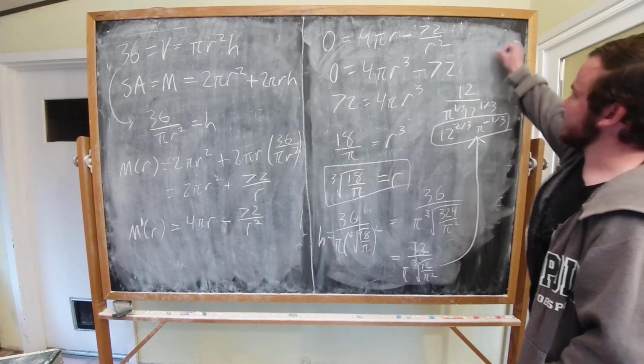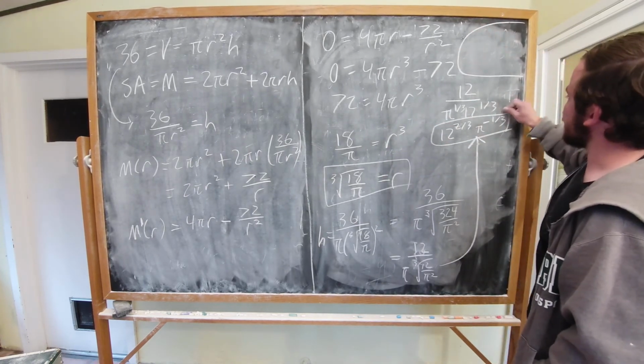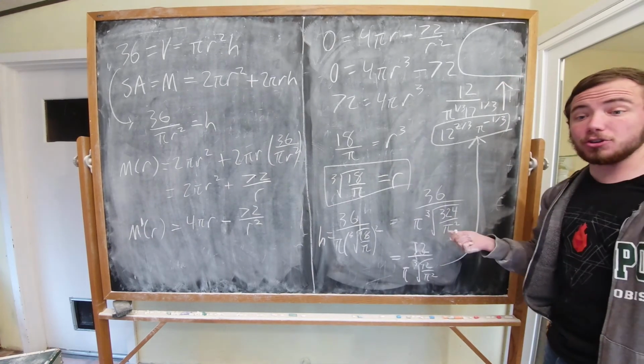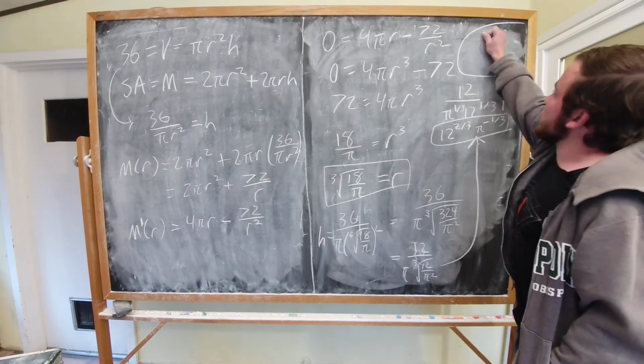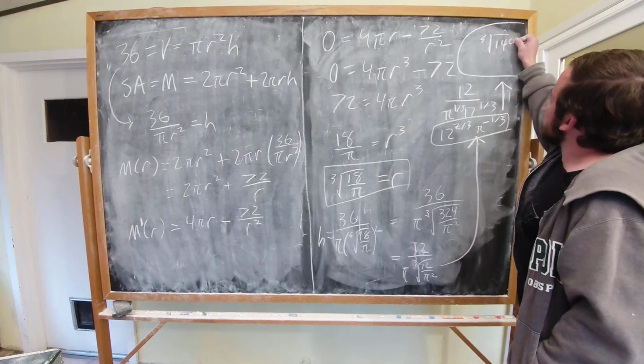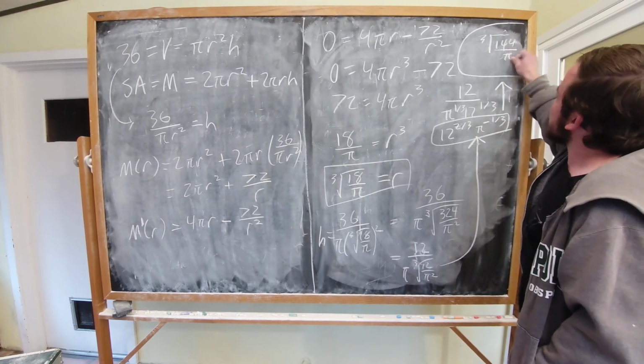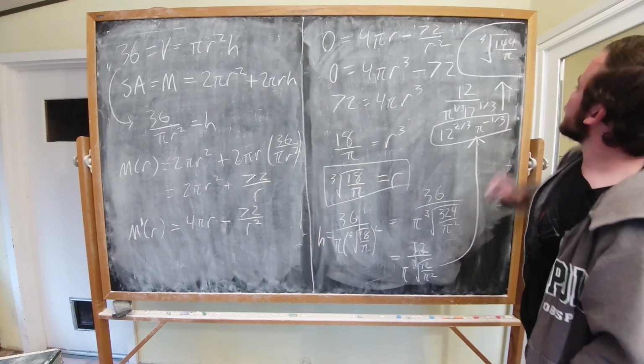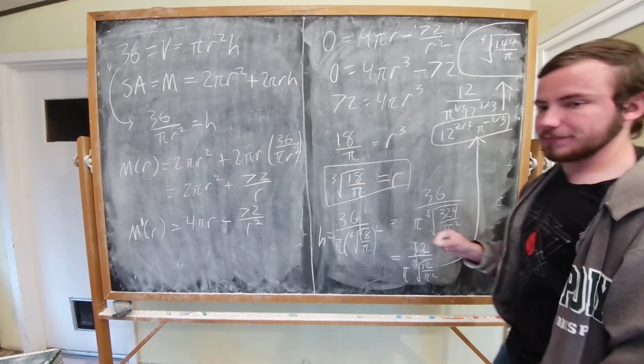Or if you wanted to rewrite that even further, you could do it as the cube root of 144 divided by pi. Cube root of that whole thing.